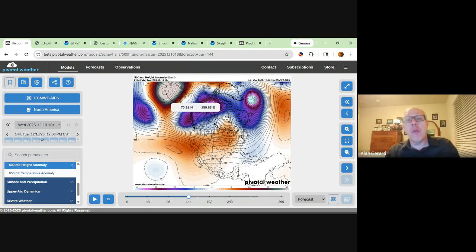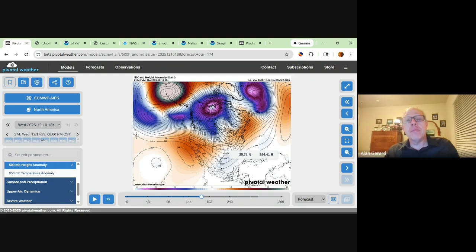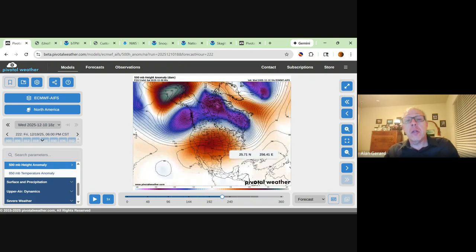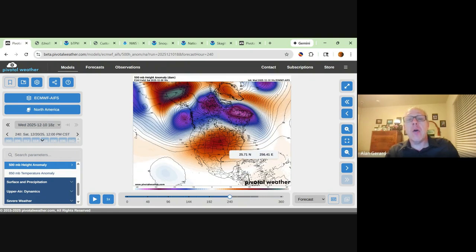And this insanely strong upper level area of high pressure over the Bering Sea and the Aleutians, west of Alaska, is just locked in up there. As we go out to 8 days, 9 days, and now 10 days, this upper level high pressure area over the west has basically expanded to encompass much of the United States.